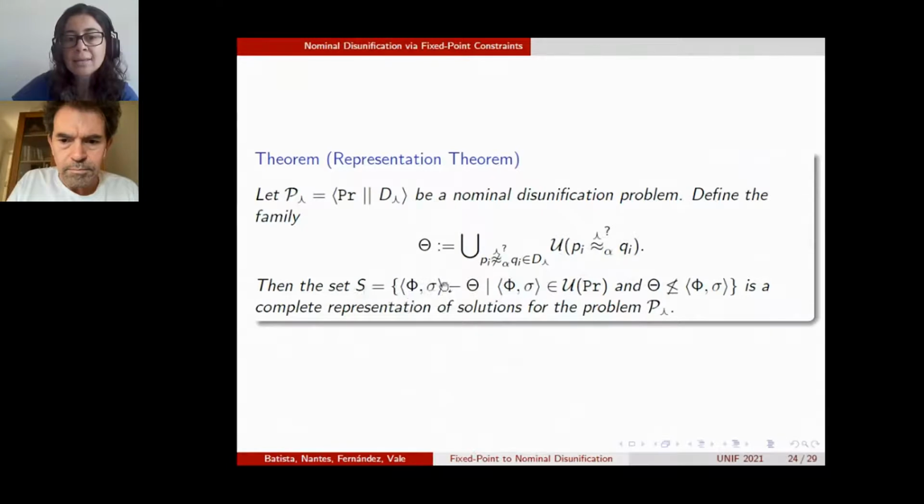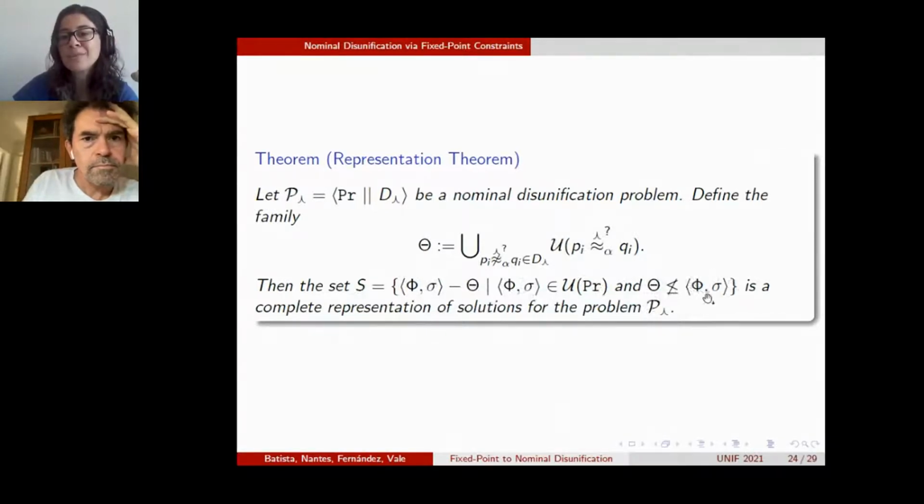So the set S, which is phi sigma minus theta, where phi sigma is a solution of the equational part, and theta is not an instance of phi sigma. This is to make the set consistent, okay? That is a complete representation of solutions, and this is the algorithm.